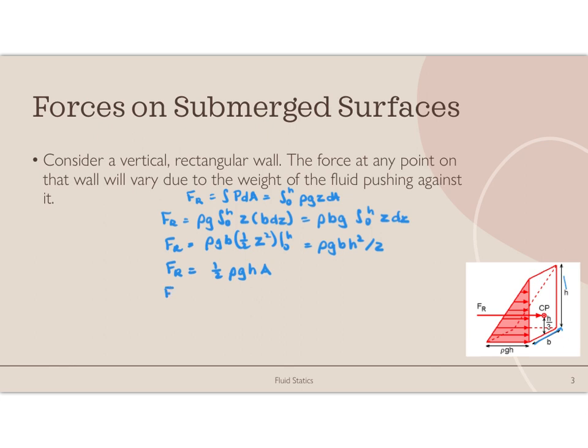What this tells me is that the resultant force is 1/2 the pressure at the base of the wall, that's rho g h, times the area of the wall.